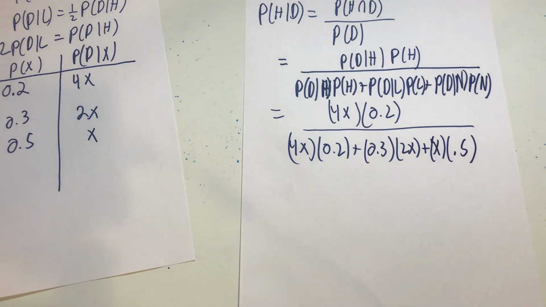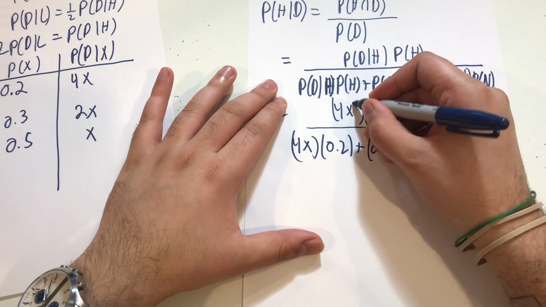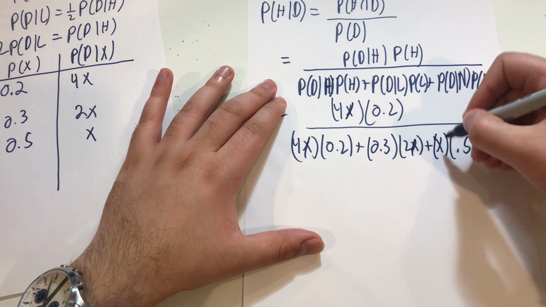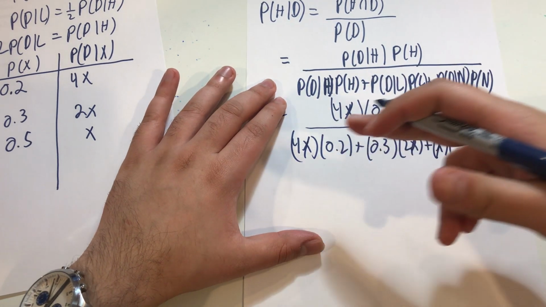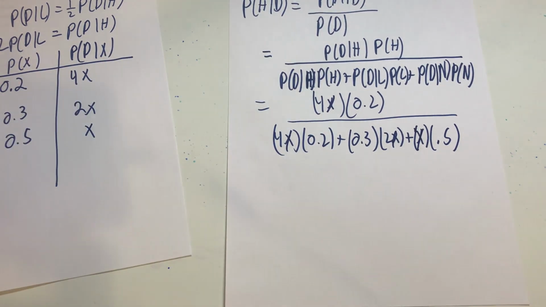Now there's some simplification that can be done. At this point, this is an algebraic problem, a fraction with an x in every term. That cancels out, easy. So now we're left with 4 times 0.2 over 4 times 0.2 plus 0.3 times 2 plus 0.5.